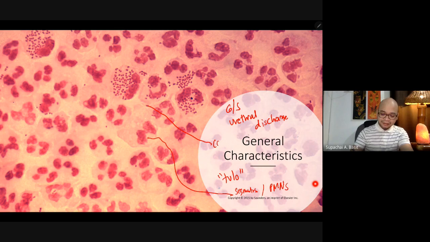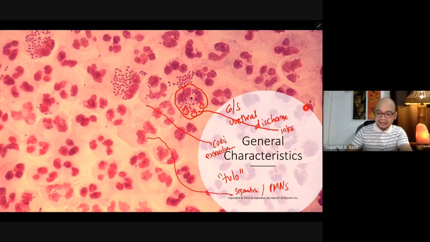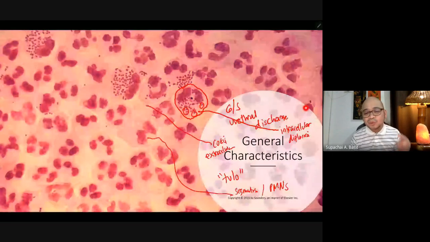These are cocci, and this particular cocci is extracellular. And then this is one WBC, and you'll be able to see numerous diplococci inside the cytoplasm. This is what you call intracellular diplococci. This particular smear came from the discharge of a person with gonorrhea, and this is how it looks under a microscope.